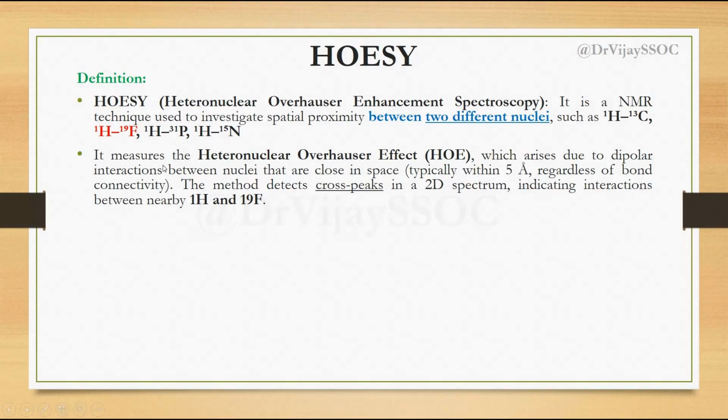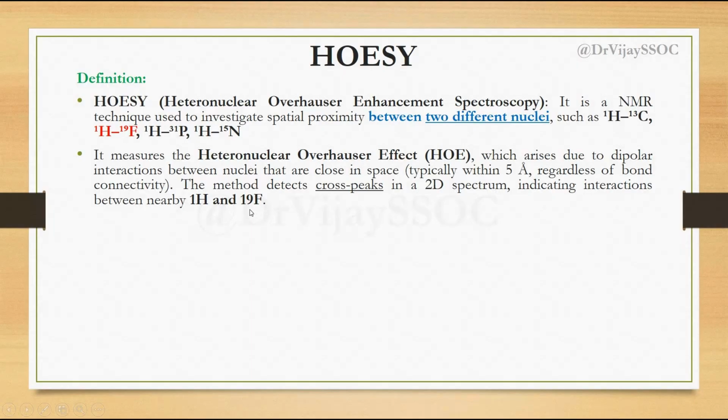This spectroscopy measures the heteronuclear Overhauser effect. If you remember, in my previous video I discussed NOESY and COSY, and NOESY measures the nuclear Overhauser effect, and here it is the heteronuclear Overhauser effect. The principle is exactly the same, because the dipole interactions between two different nuclei in close proximity are measured by HOESY NMR. Let's take the example of proton and 19F HOESY NMR.